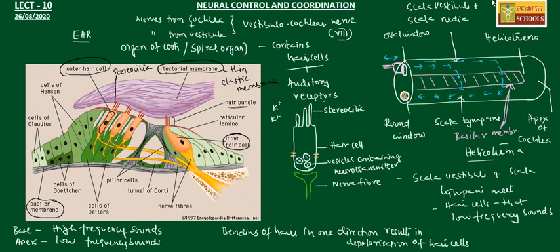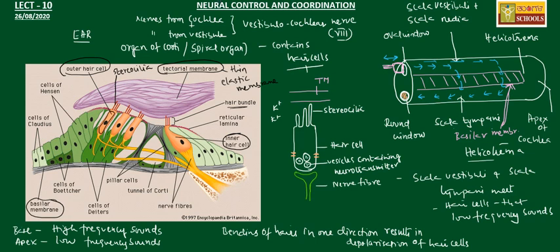When the stereocilia comes pressed against the tectorial membrane, so here we have the tectorial membrane, I'll just write TM, which means tectorial membrane, it results in the opening of these ion channels.